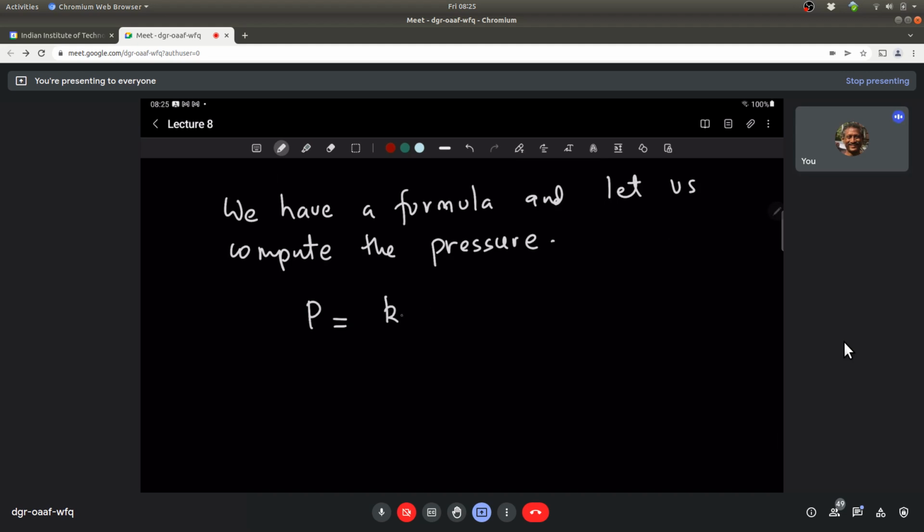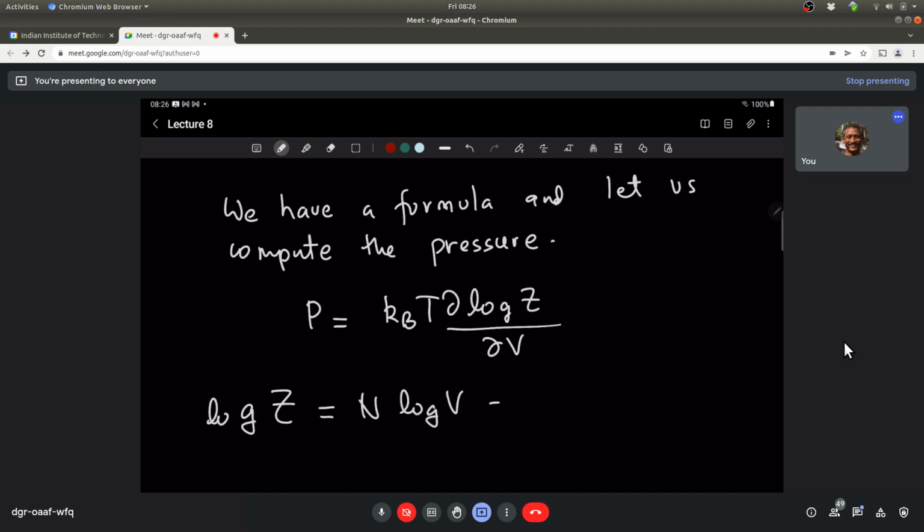It was kBT times the derivative of log Z with respect to V. If you remember, we had done this computation for Z. There was some 2 pi m kBT to the power 3 half or something like that, but all those terms do not depend on V, and we know we're going to take a derivative.